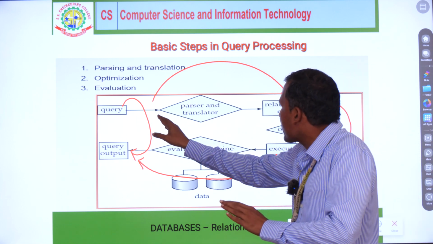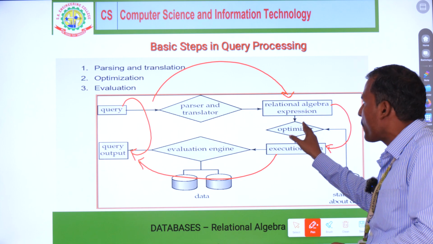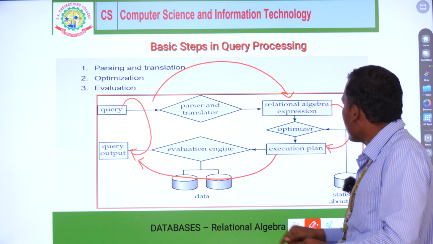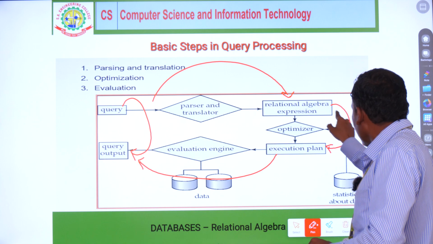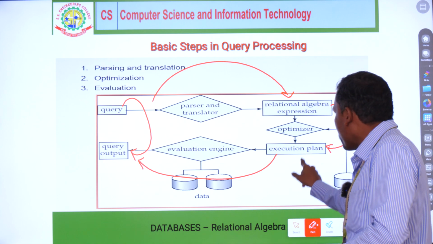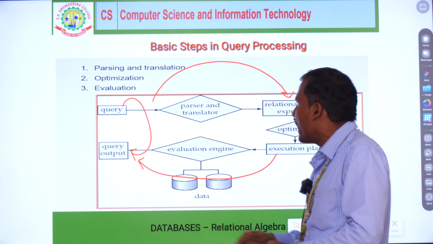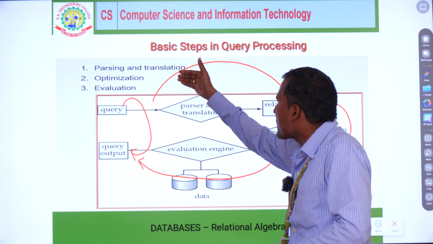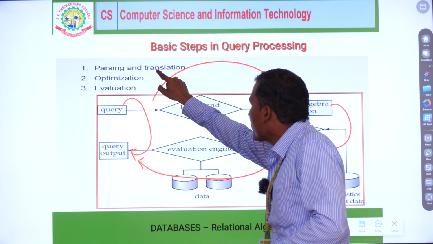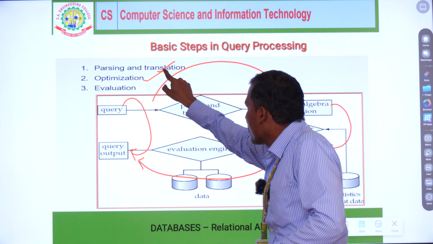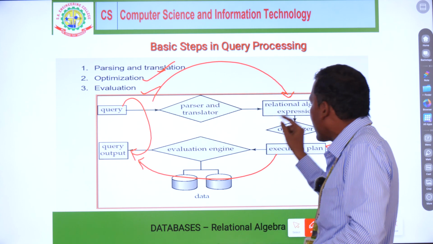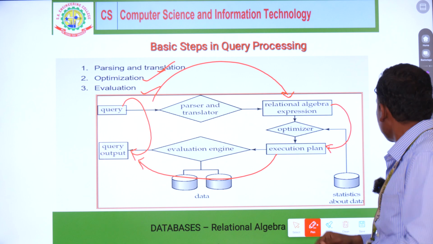This query is converted into a relational algebra expression with the help of the parser and translator. The relational algebra expression is converted into an execution plan by the optimizer, and the execution plan is converted into the query output by the evaluation engine. So the basic steps involved in query processing are parser and translator, optimization, and evaluation. All three steps are identified by diamond symbols.